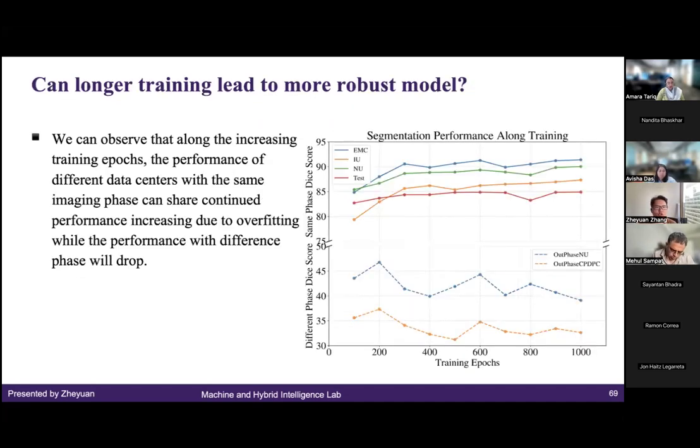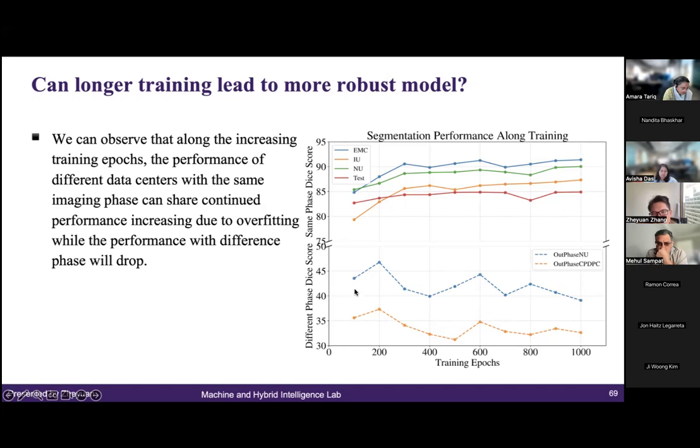But when we move to different phases or different sequences, the situation is totally different. For example, when we increase the training steps, on the original source domain the performance gain might be limited, but for some different domains there might still be some performance gain, like shown here. Remember that for the same phase, the scores keep increasing.